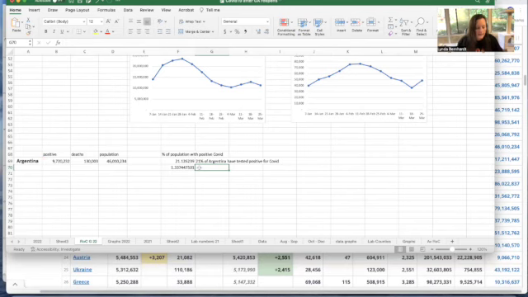So this means that 1.3% of those who tested positive for COVID in Argentina died. There you go. So that's literally how you do this.